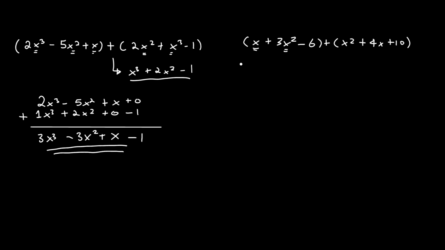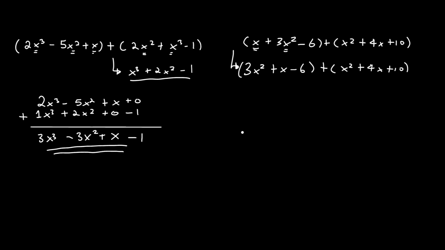Here we have 3x squared, that's the highest degree, so we go from highest to lowest. That's a positive x and minus 6. This has been arranged. Now let's look at this other polynomial, plus x squared plus 4x.